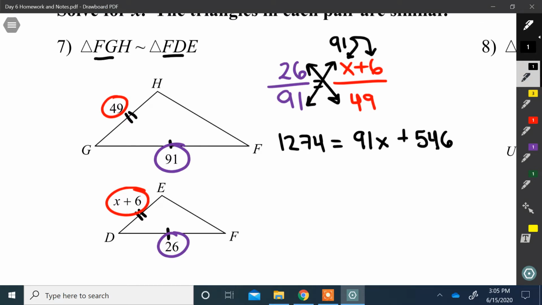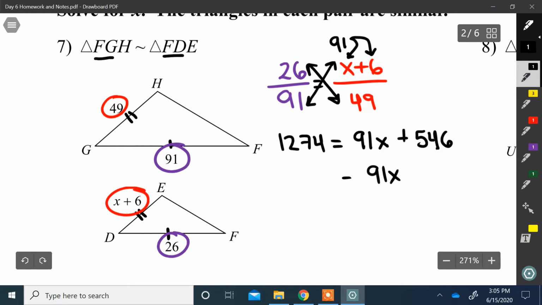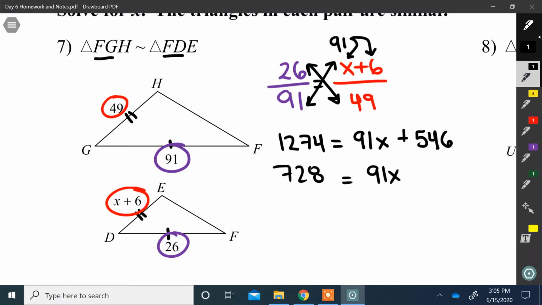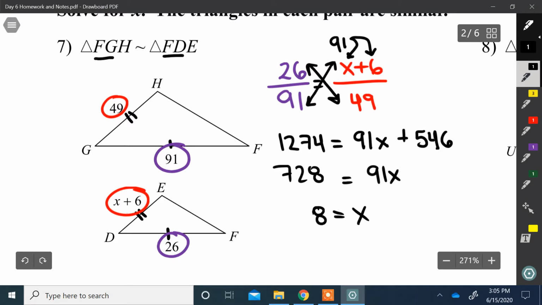Okay, we're going to subtract now. Subtract from 1274. We're going to get 91x is equal to 728. And then finally, we're going to divide by 91. And your answer should be 8. That's your final answer. Let me verify that for you. Yes, that's correct. 8 is the final answer.